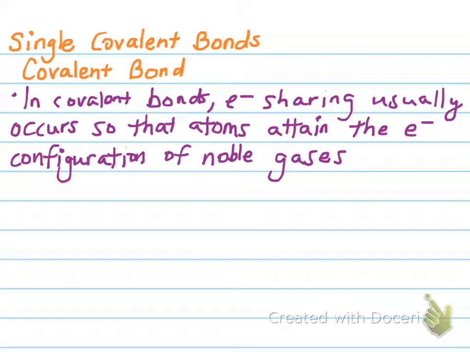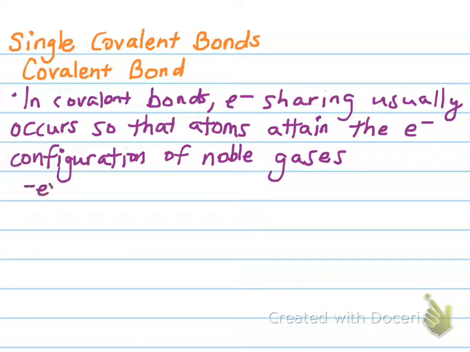So, just like ionic compounds and ions are trying to be like a noble gas, in covalent compounds or in molecular compounds with covalent bonds, the elements still are trying to be like a noble gas. But unlike ionic compounds where they're going to be transferring electrons, in these molecular compounds, they're going to be sharing electrons to do that.